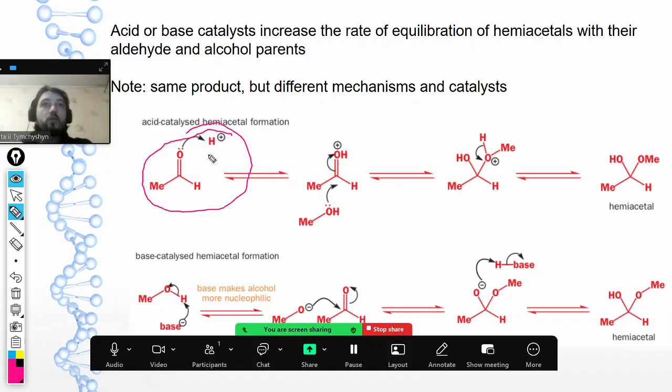This aldehyde was in acidic condition, and under the acidic conditions, this oxygen can be protonated. So we have this oxygen protonated. Now it acquires some positive charge, so it would really like to get some electrons.